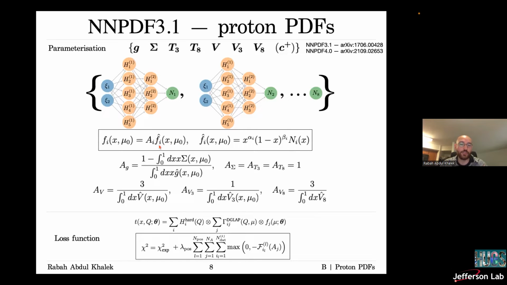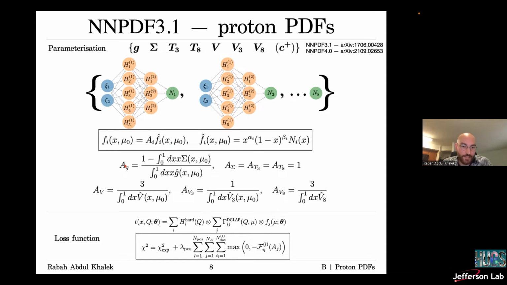You also need these neural networks to be PDFs, which means respecting some rules from QCD. Although we don't know the form of these PDFs, we know that they have to satisfy certain sum rules. For example, the sum of all the momentum of the quarks and gluons should give you the momentum of the proton, right? This is a simple constraint.